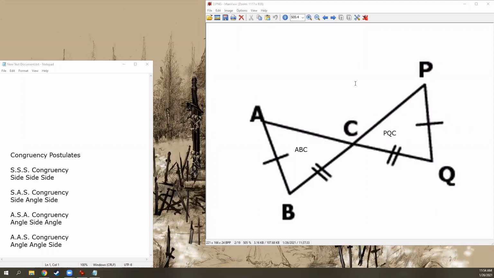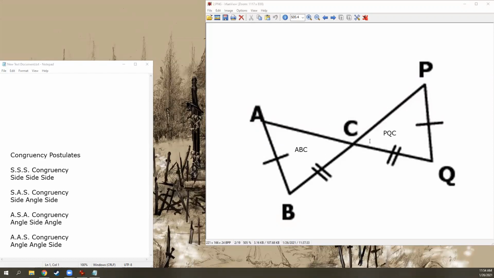So these are our two triangles. Notice that I put them in order of corresponding to each other. When I start at A, I go across the side with one notch, and then I go across the side with two notches. There's nowhere else I can start in the other triangle where I go across one notch, then two notches, unless I start at P and trace it out, PQC.